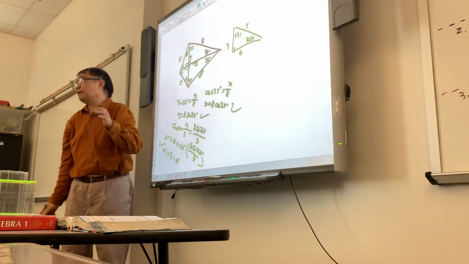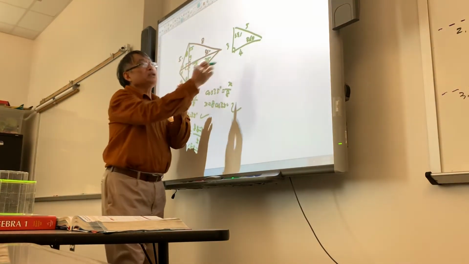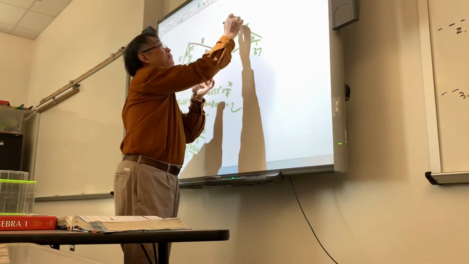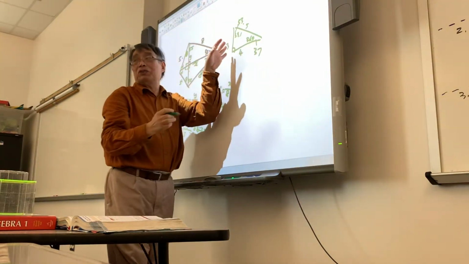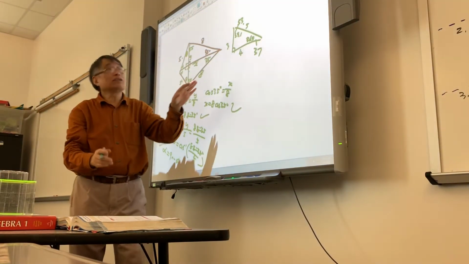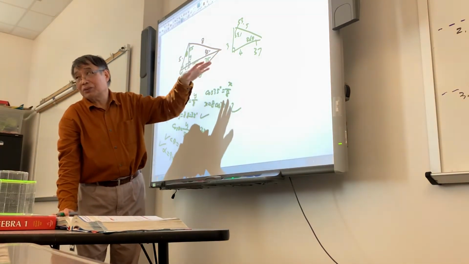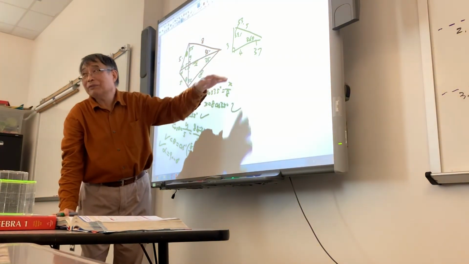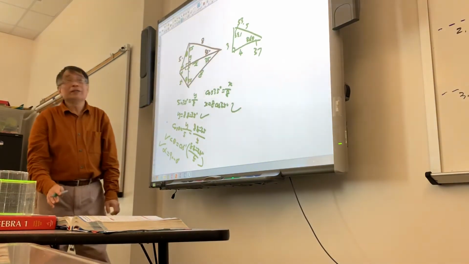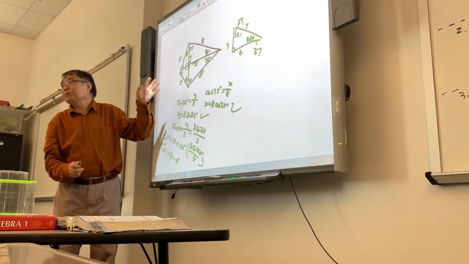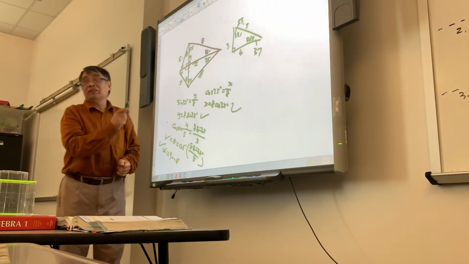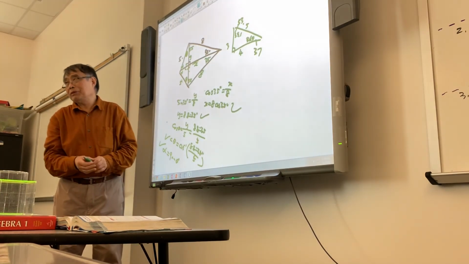Close to 55, yes. You can round it to 37 and 53, but 53.1 is rounded. So this is not 55, because this angle is 35 degrees, not 36 or 37 degrees. Good question. So those kinds of questions you need to do, and this one requires your chapter 7. Okay, please.